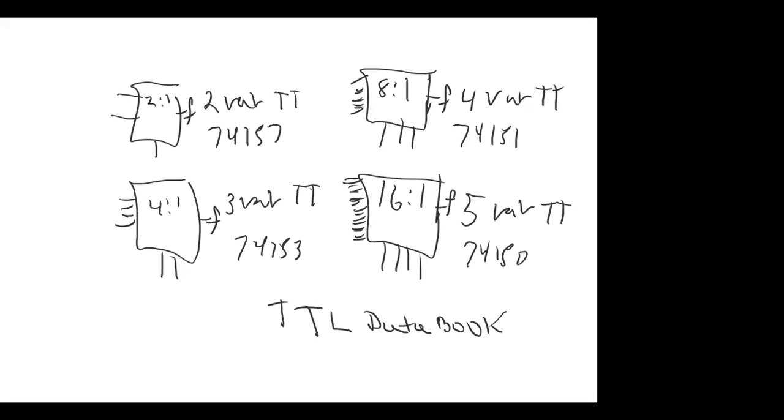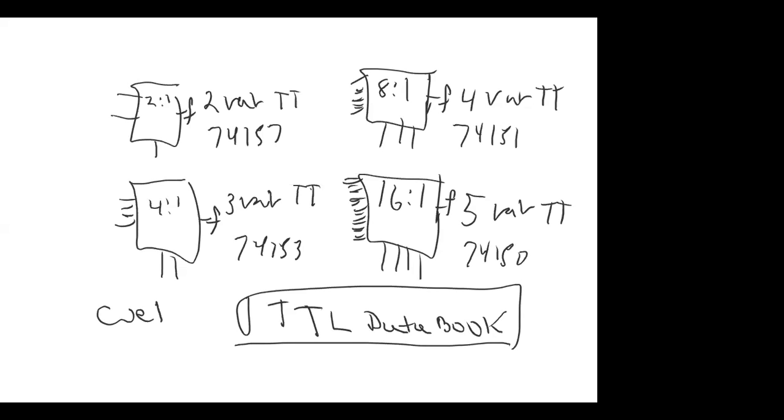And that gives us a clue as to what these things look like. And in fact, you can find all this stuff on the web now. Just Google it. Type in the number and hit enter, and it will come right up. So you don't really need the physical book. But in the days before Google, we were just using the TTL data book.